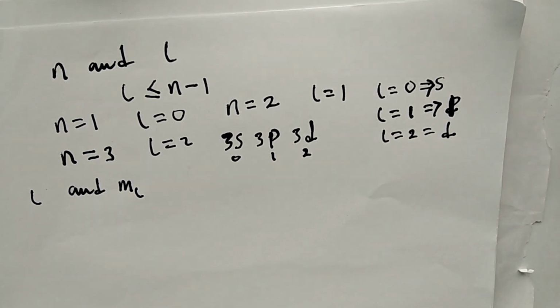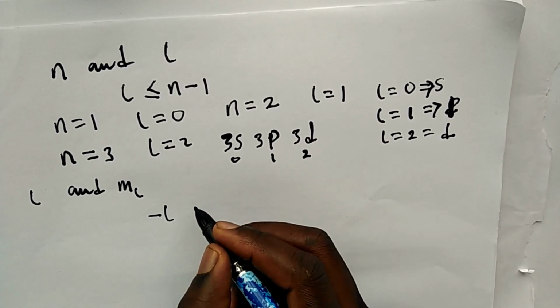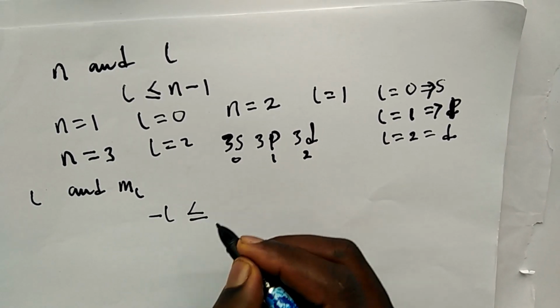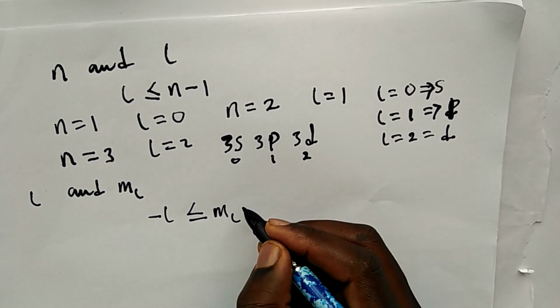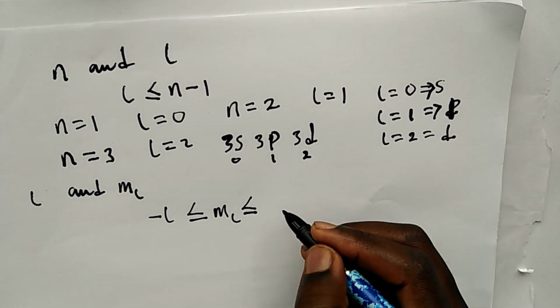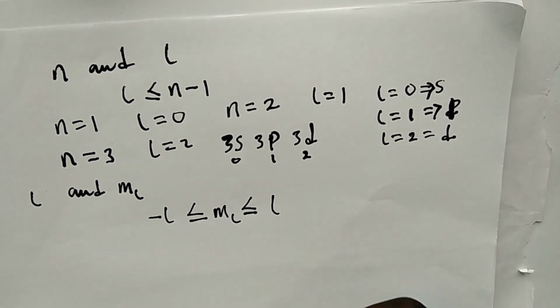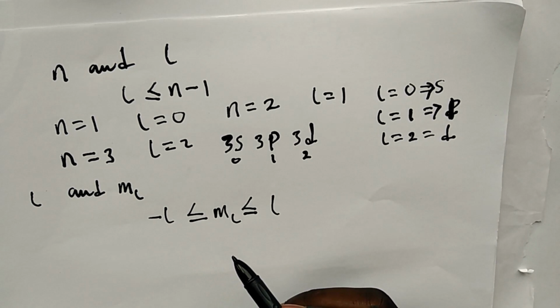Now that we are trying to find out the relationship between the angular quantum number and the magnetic quantum number, there's also a relationship that defines this, and that states that minus L is less than or equal to ML, and ML is less than or equal to plus L. So this is the relationship.